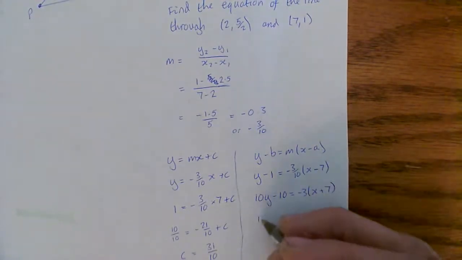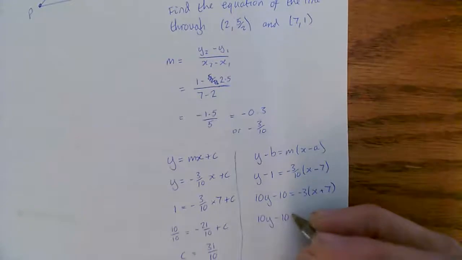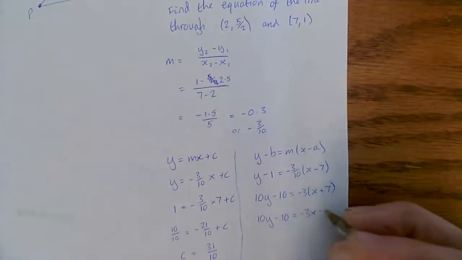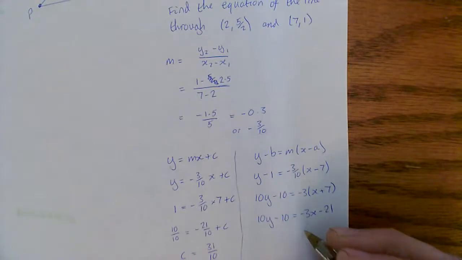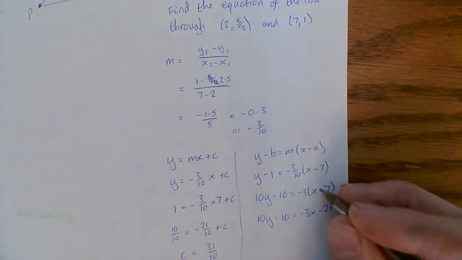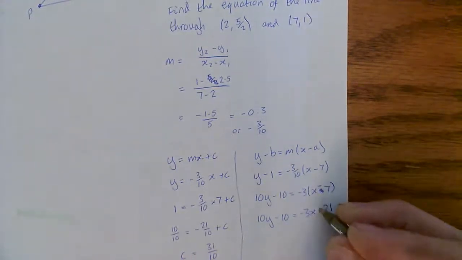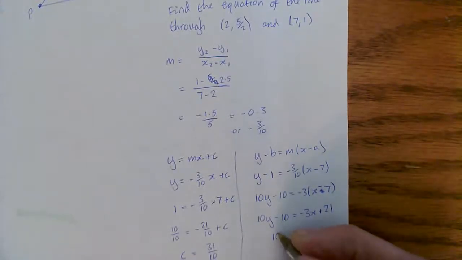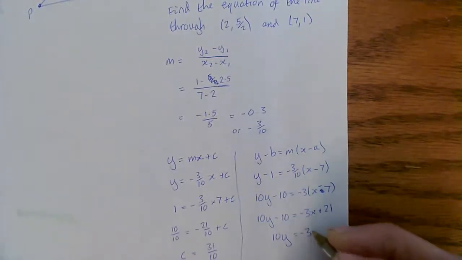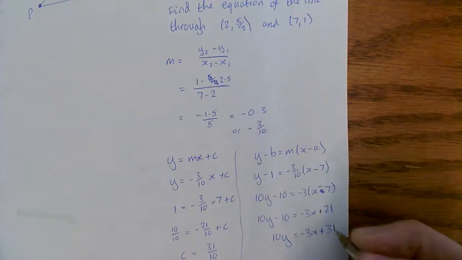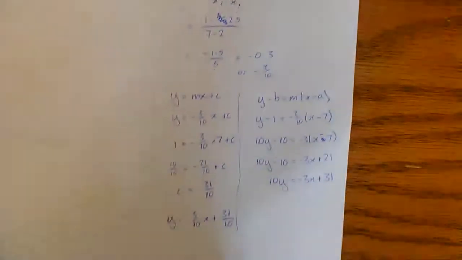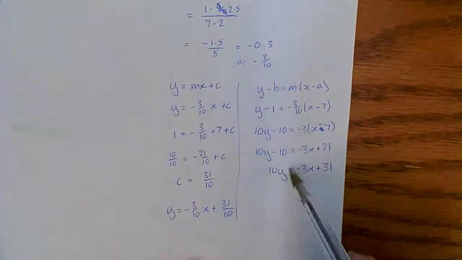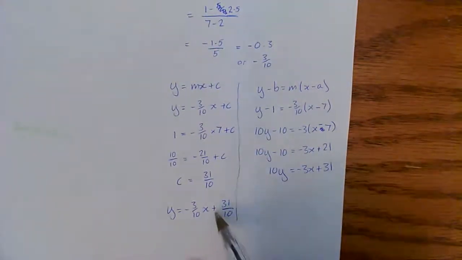Expand the bracket, we get 10y minus 10 equals -3x minus 21. Add the 10 to both sides. That's a -7, so that's a plus 21. So we get 10y equals minus 3x plus 31. And that, our two equations at the bottom there, are identical. I've just divided through by 10 to get this one.